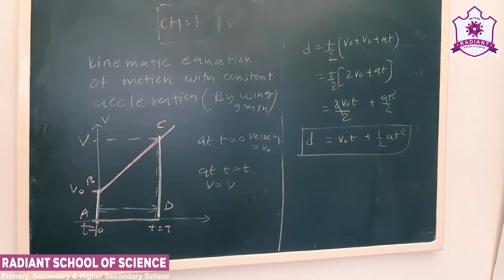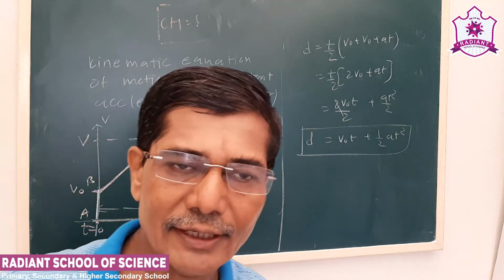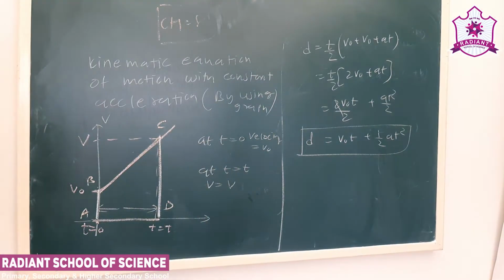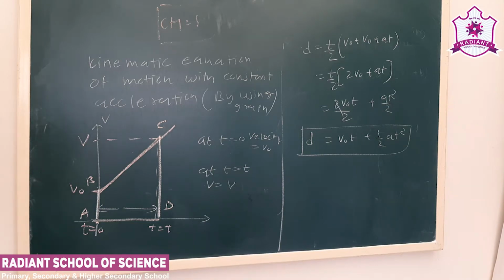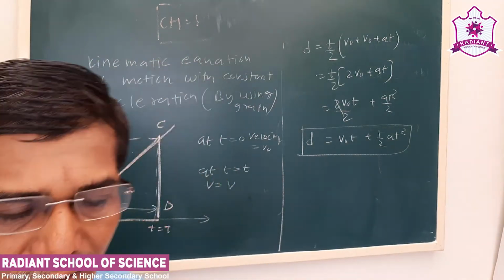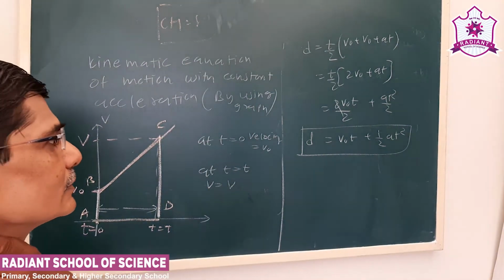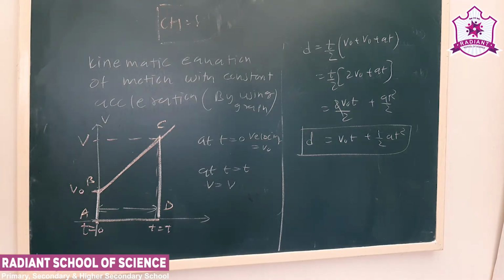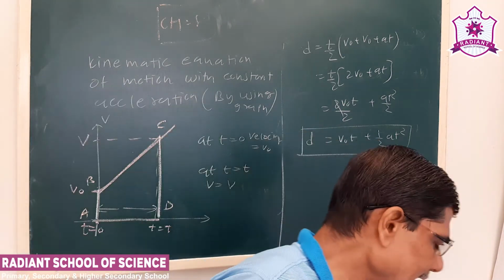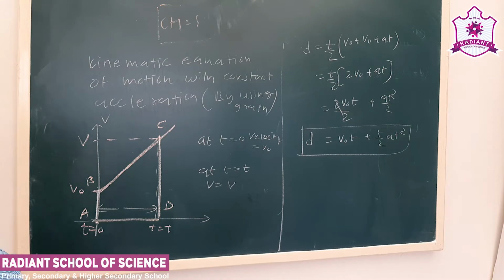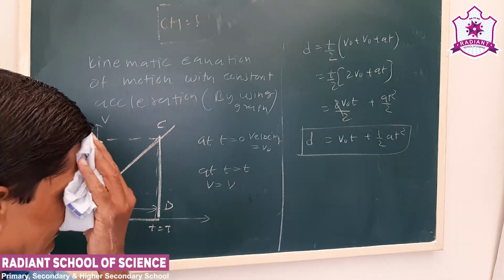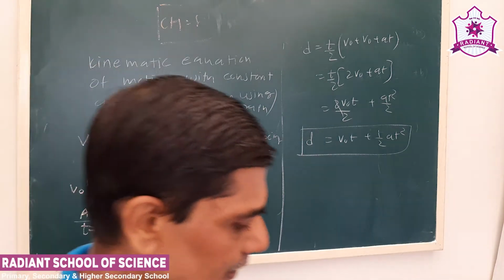See, the same equation we derived without using the graph also. Right now we are using the property that the area of the velocity time graph gives the displacement. Now this is another equation. The first equation we derived is v is equal to v0 plus at. The second equation is d is equal to v0t plus half at square.